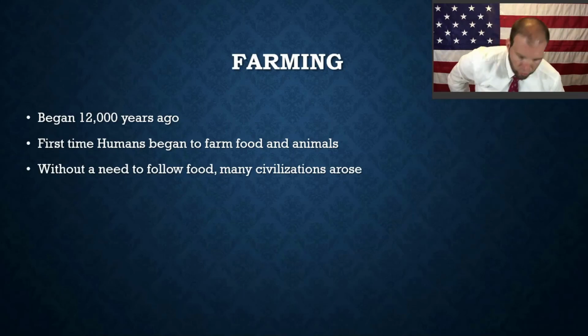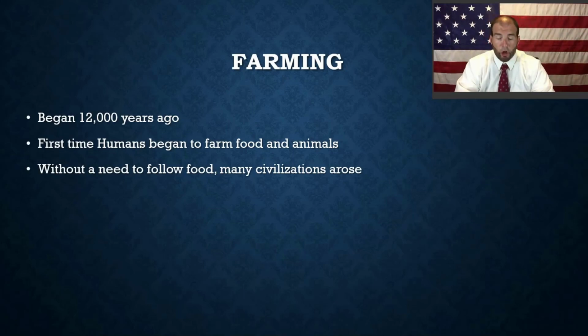So farming, like 12,000 years ago, this is huge. This is the biggest change in human existence. There is no recorded history, there's nothing up until 12,000 years ago. All of a sudden, people were like, wait a minute. If I have a male elk and a female elk, and they make elk babies, what if I just kept those two elks, they had babies, and then I just ate their kids over and over?